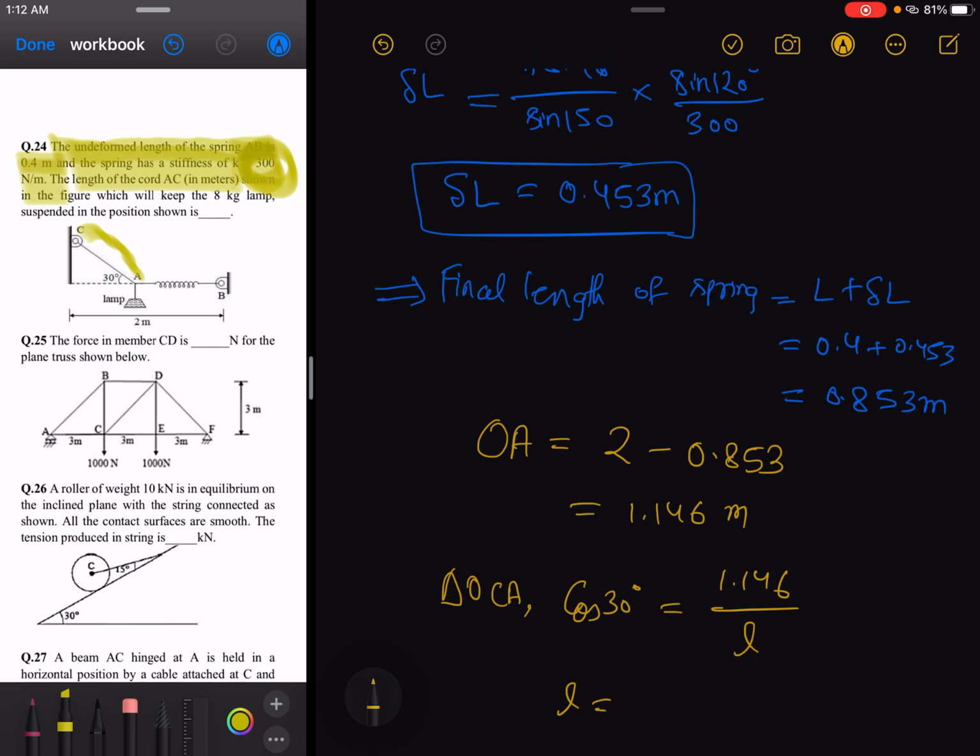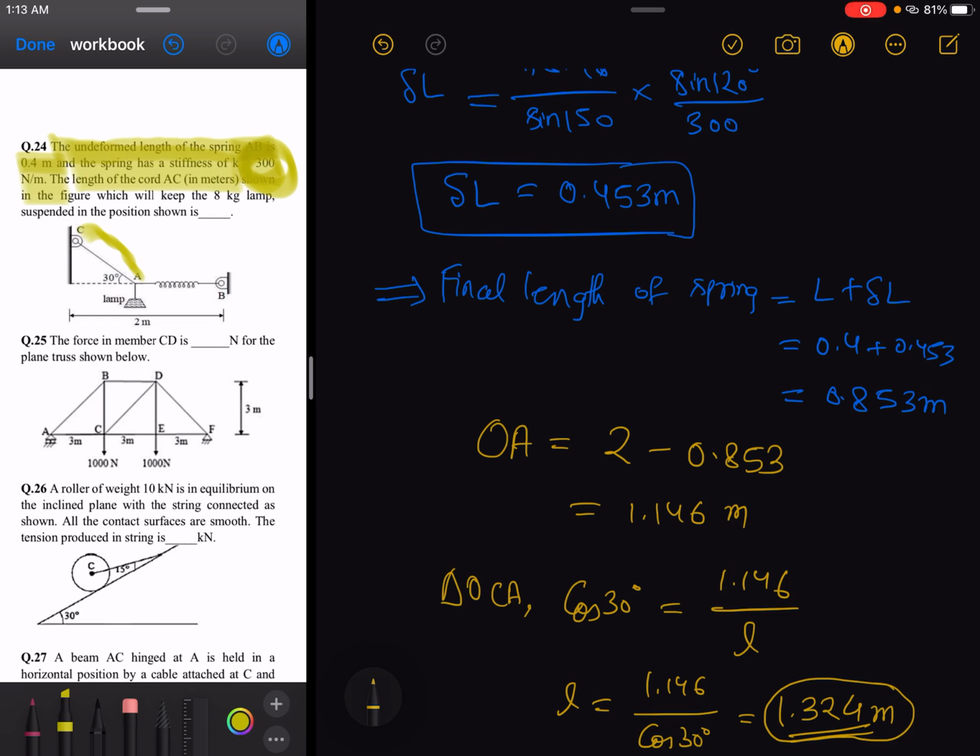So L will be equal to 1.146 divided by cos of 30 degree. This is the answer: the length of the string comes out to be 1.324 meters. This is the length of the string, which is the answer of this question.